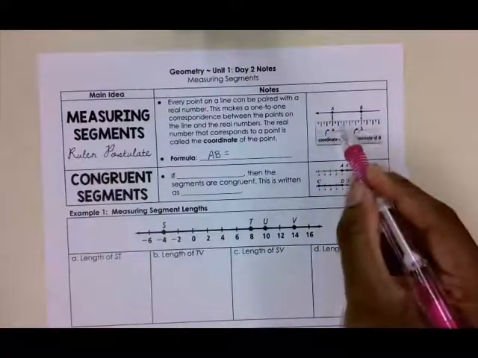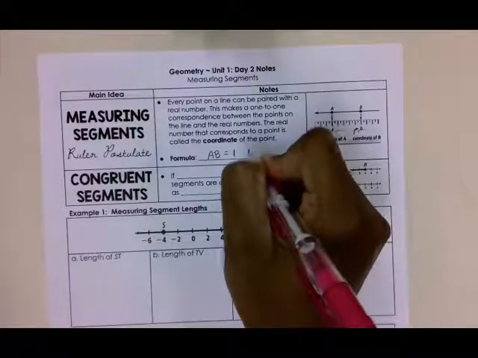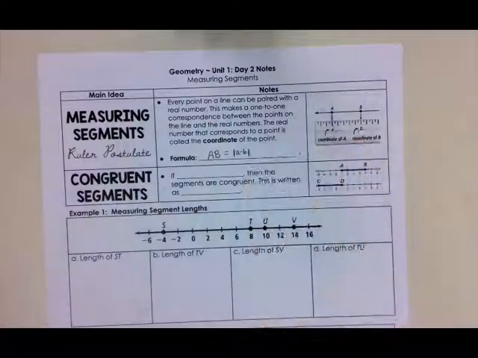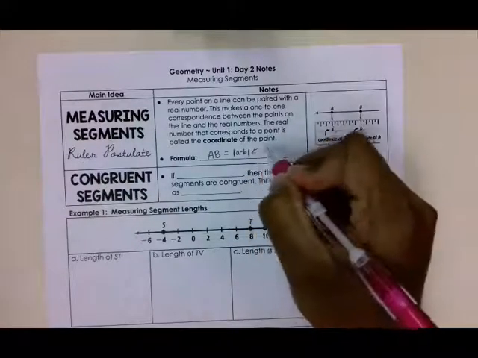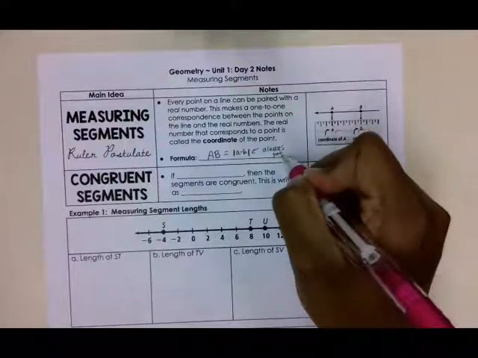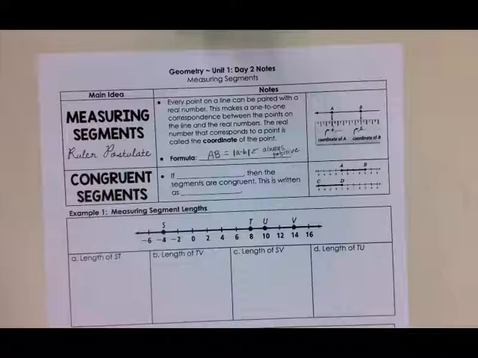Like if this is 5 and this is 4, just like a number, so that'd be the absolute value of point A minus point B. Okay, and remember, absolute value means that is always positive. Okay, so congruent segments.